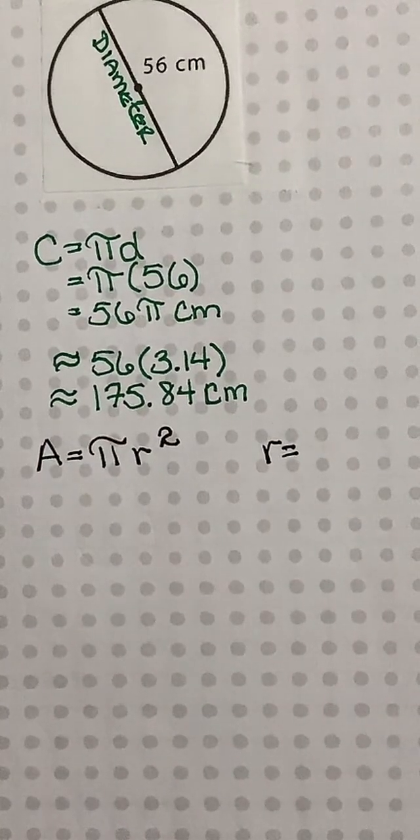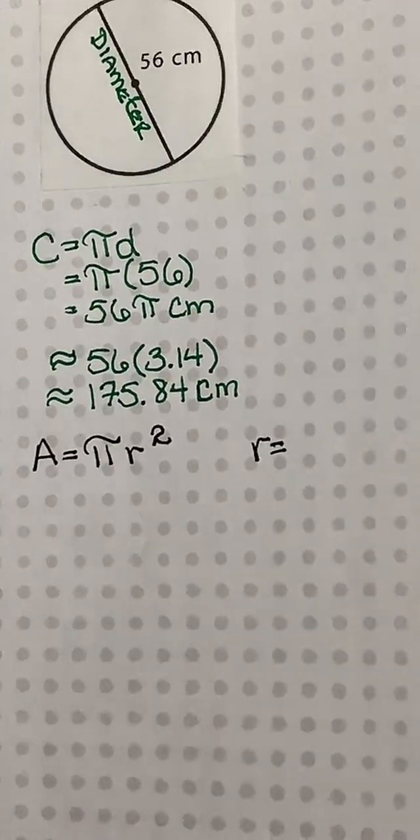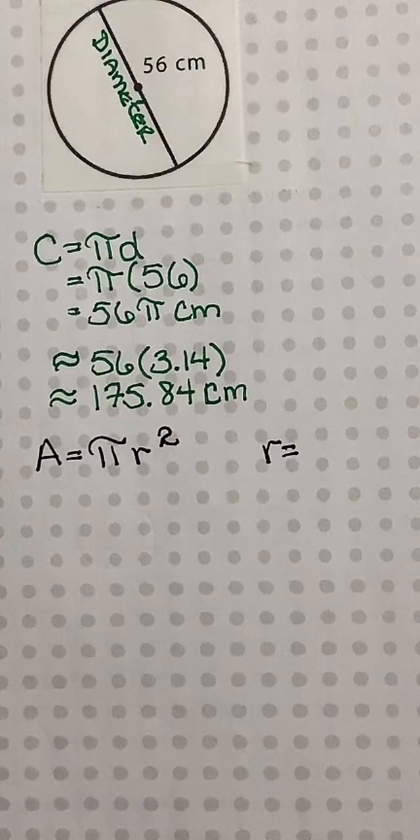How would I find the radius? Yes, it's half of 56. Thank you, Courtney. It's half of 56. So what's 56 divided by 2? Yes, Rose Petal. Awesome. Yes, Kaya. 56 divided by 2.